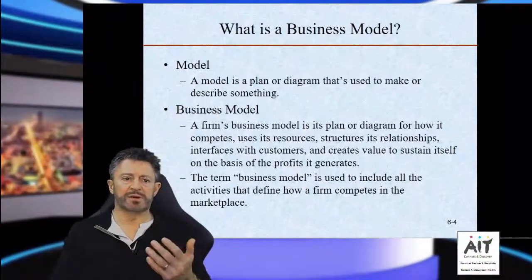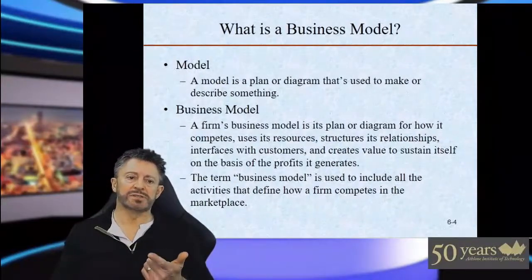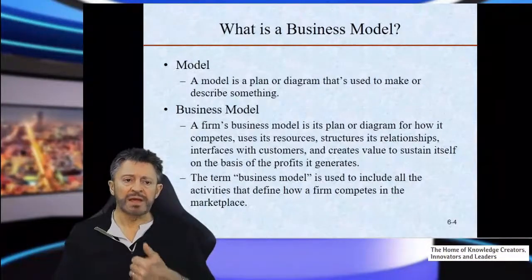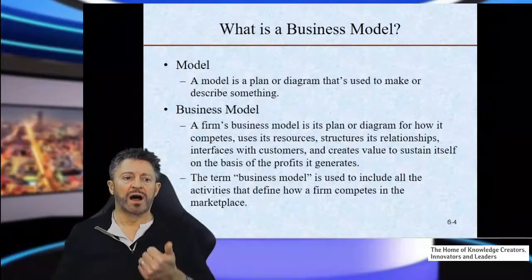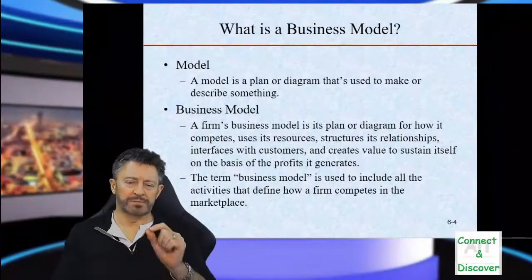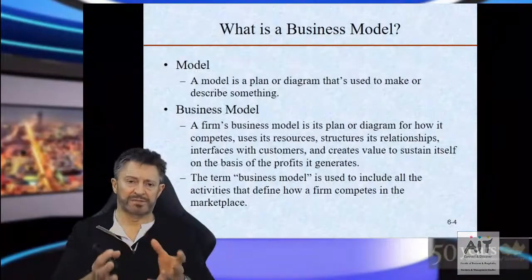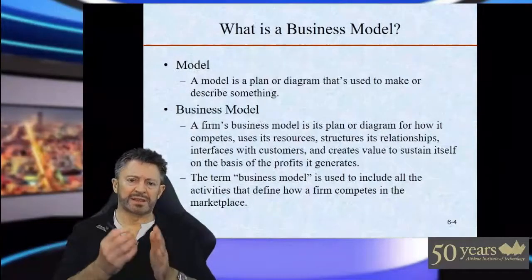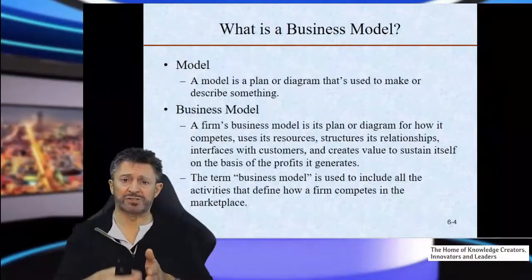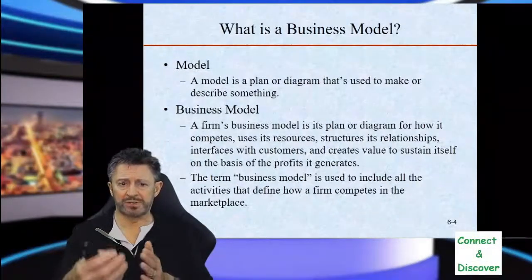So a firm's business model is its plan or diagram for how it competes, uses its resources, structures its relationships, interfaces with customers, and creates value to sustain itself on the basis of the profits it generates. Very important point. On the basis of the profits it generates. Remember, the profits that a company makes have to be used to reinvest into new ventures, further new products, further research and development, and so on.